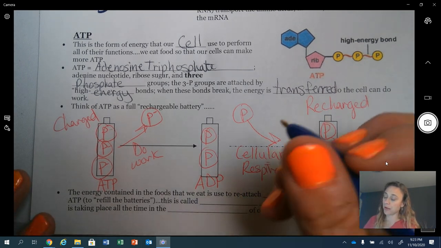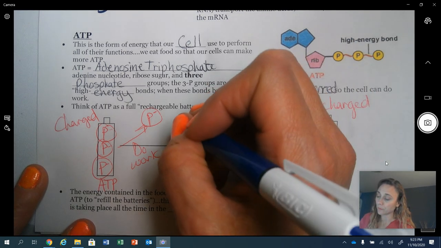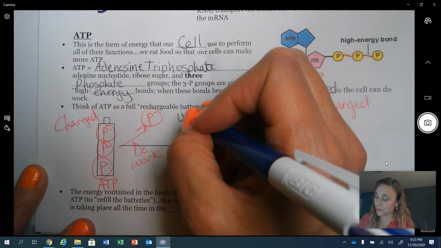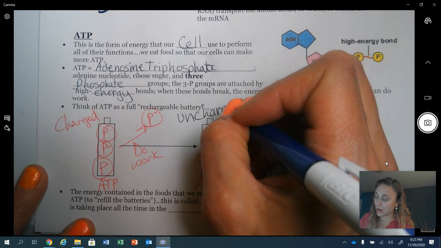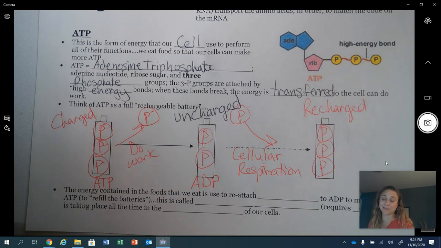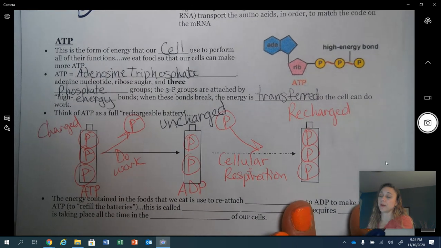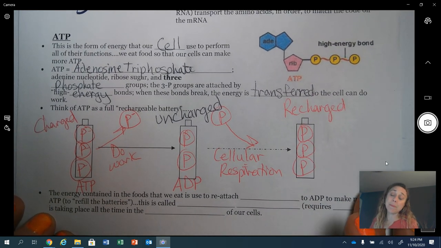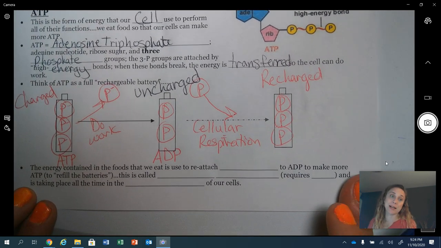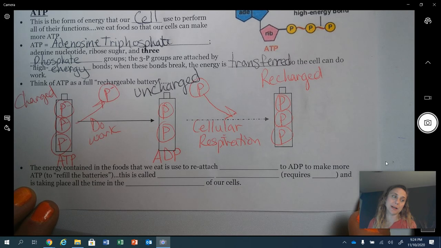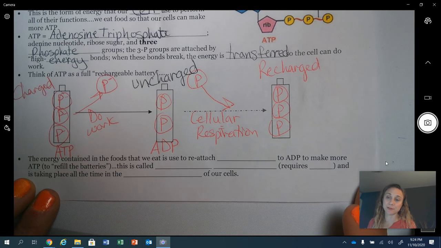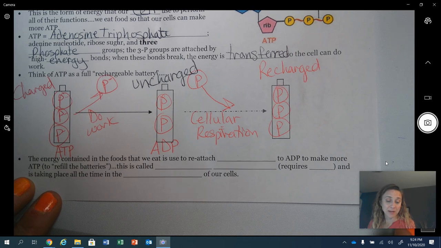There are times when ADP could donate another phosphate group, but it's a lower energy bond, so it's not as much energy. It doesn't want to do that. But you can make AMP, adenosine monophosphate, and a lot of times that's used in signaling in cells, signaling cascades.